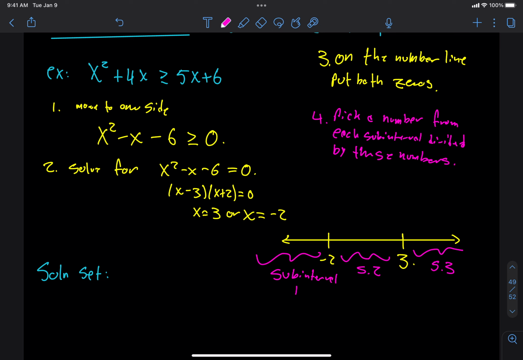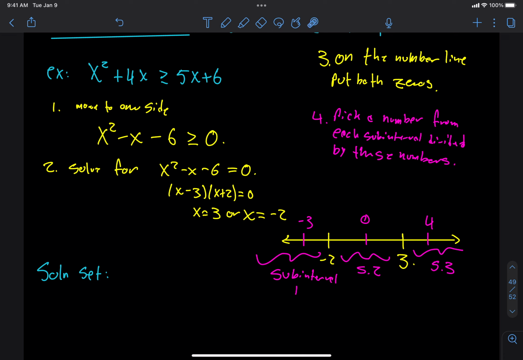I need to pick a number from each of these 3 regions on the number line. I like to pick nice whole numbers, and I like to keep them as small as possible. We need to pick a test point. So how about negative 3, and I always like to pick 0 when it's available, and maybe 4.